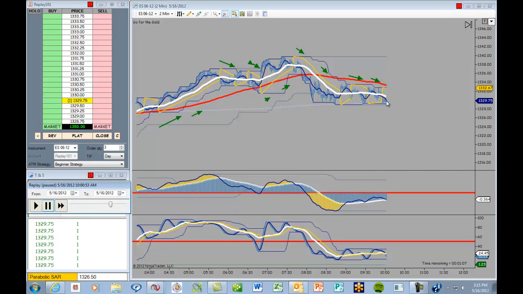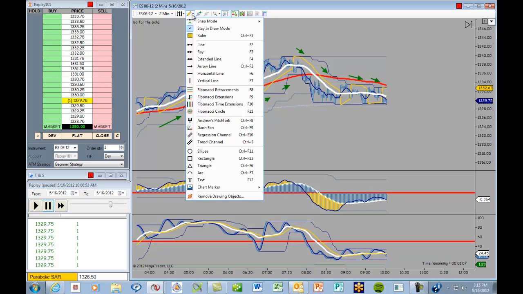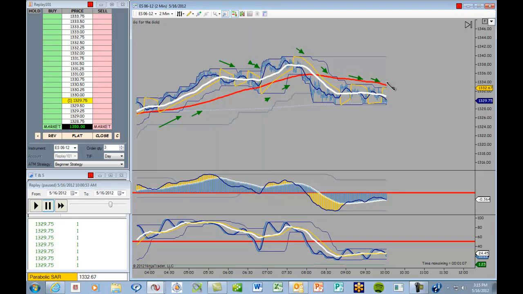Alright, we're starting to make new lows here. We're up against this long-term moving average, but we've just broken through a little bit. We've got the beginnings of a crossover on the MACD, and we've got our faster stochastic breaking below the slower. So let's take a shot at the short trade once again.